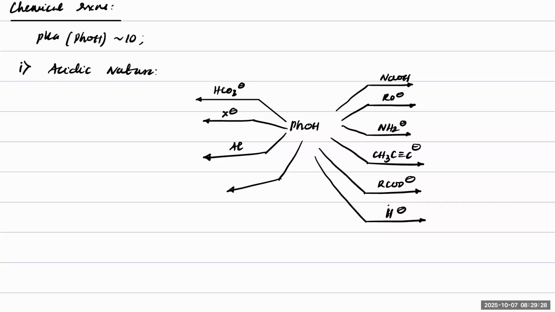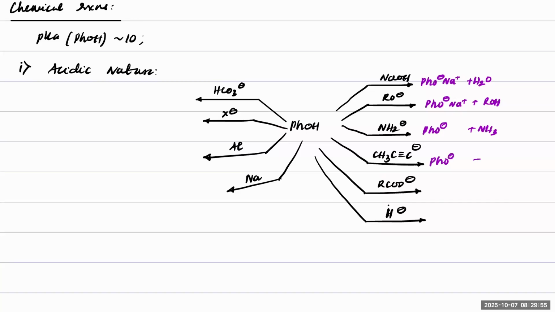Now notice in all these cases, first you will get phenoxide ion here and H2O, acid base reaction. Here I'll get phenoxide Na plus and ROH, and here I'll also get phenoxide ion plus NH3. Here I'll get phenoxide ion.